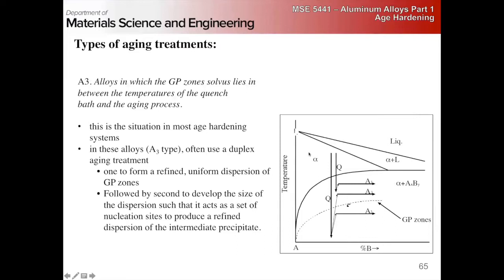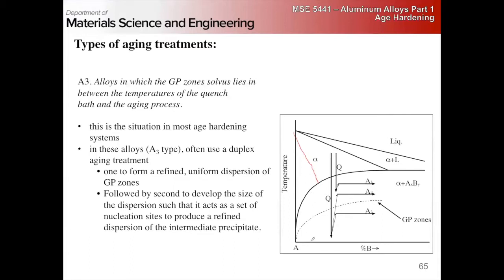If this curve instead, now that I learned how to do this, and right, if this in turn looked like this, right, and this was part of the alpha plus liquid field, the largest concentration that I'd be able to saturate in, right, of my alloying element would be much smaller.